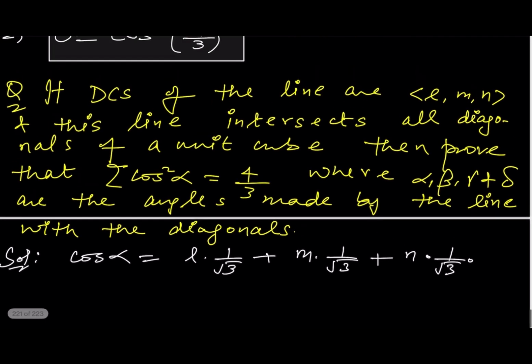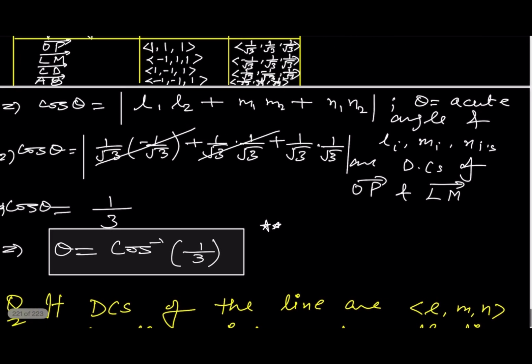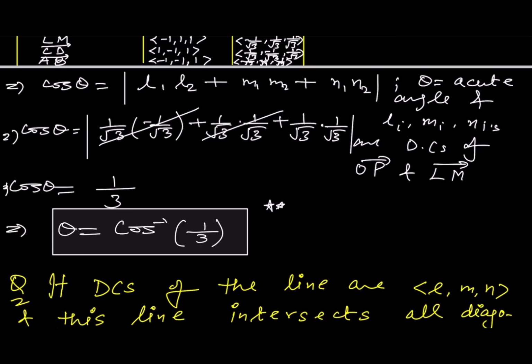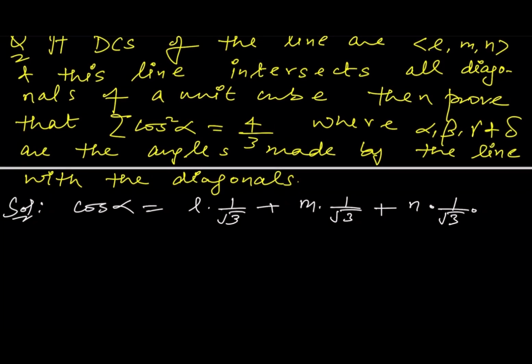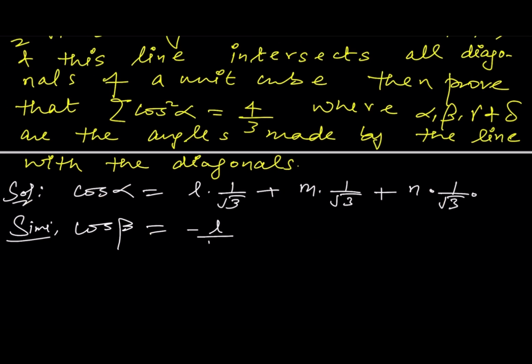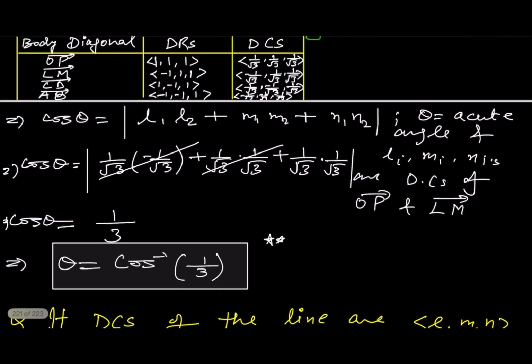So again using cos theta is equal to mod of L1 L2 plus M1 M2 plus N1 N2, I am writing this. Similarly, cos beta is equal to minus L by root 3 plus M by root 3 plus N by root 3.